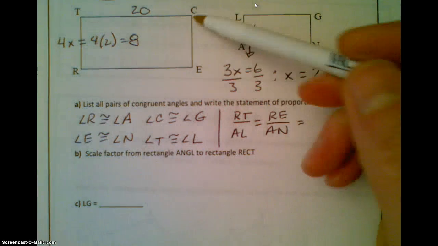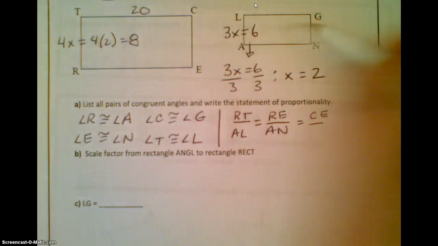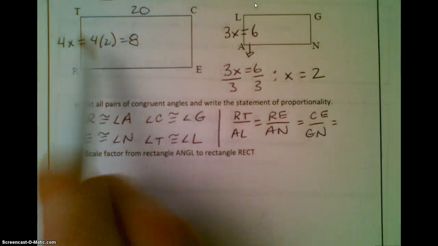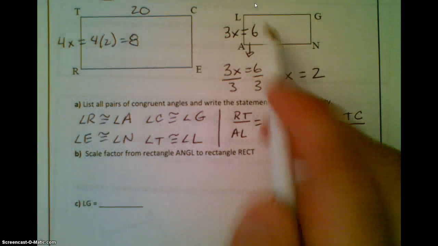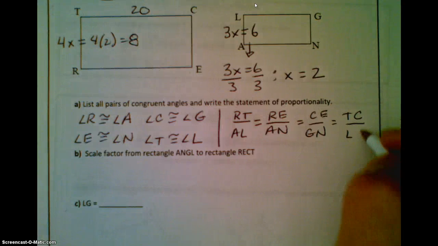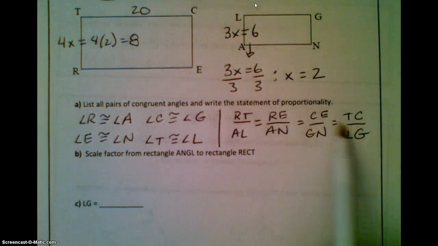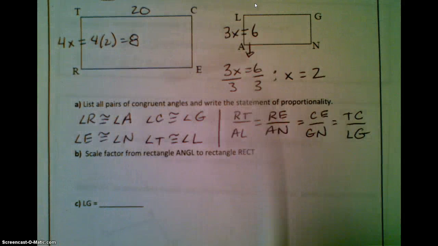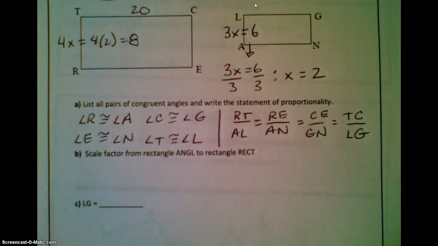Moving on to the third pair of sides, CE corresponds to GN, and that's going to be equal to TC, and the side that it corresponds to is LG. Okay, notice all the segments on the tops and the numerators are from the large rectangle, and all the segments in the denominator are from the small one.